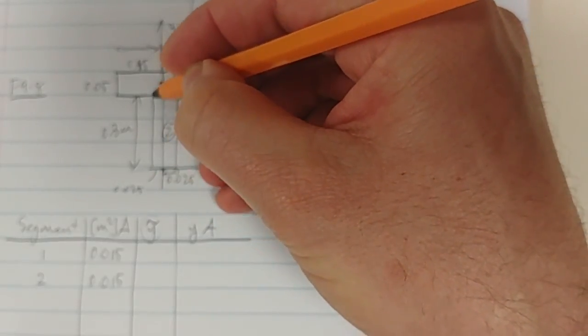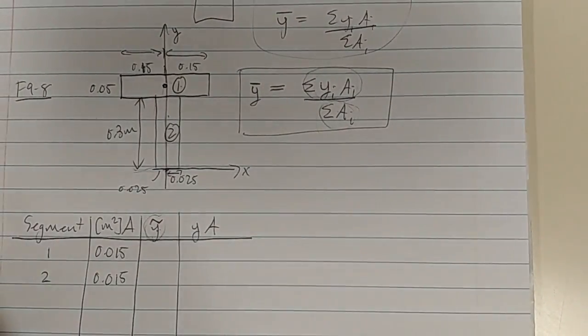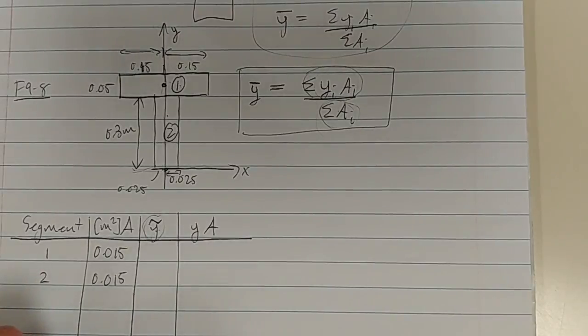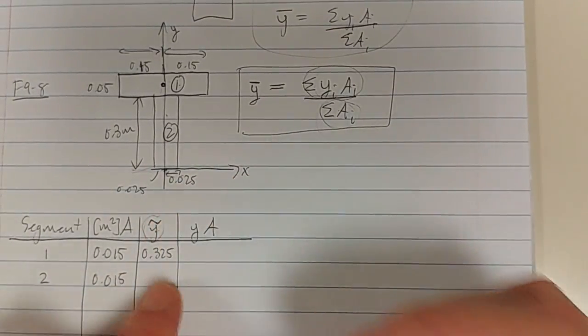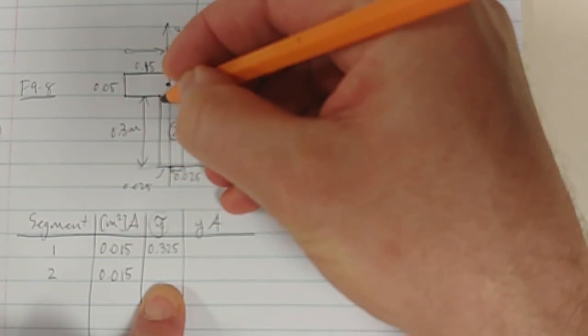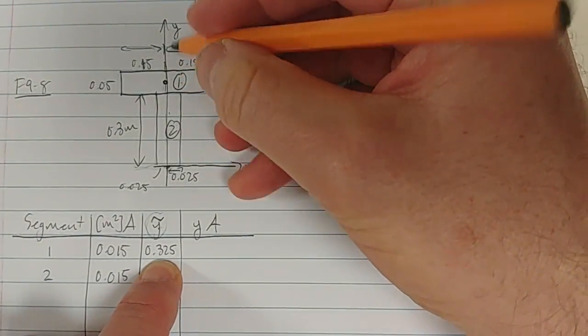That distance is 0.3, and that distance will be 50 millimeters divided by 2, 25 millimeters, plus 300 millimeters equals 0.325 meters, okay?